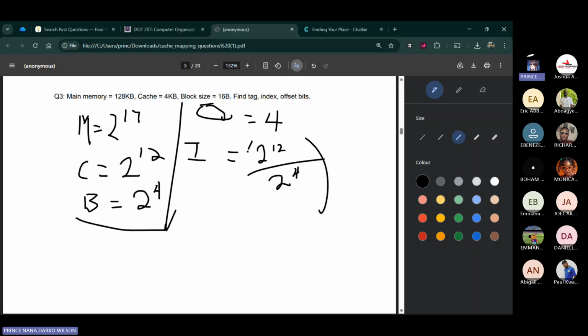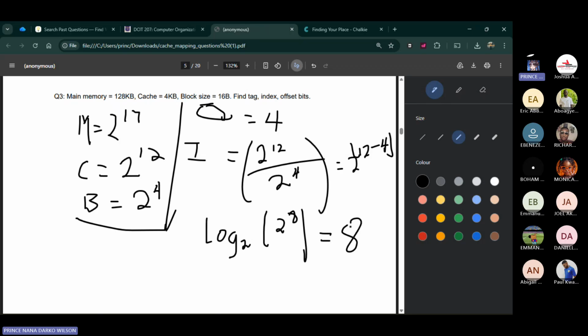That's basically going to be 2 to the power 12 minus 4, which gives us 2 to the power 8. So we find the log of this, and our answer is 8.